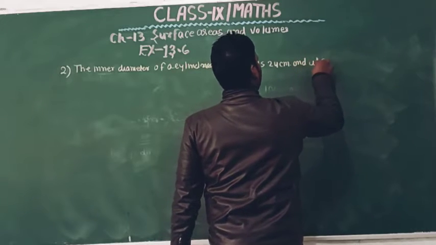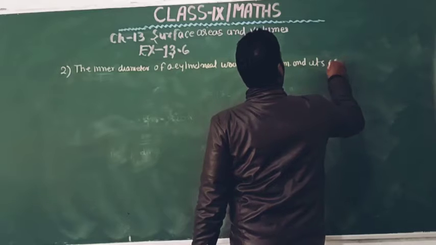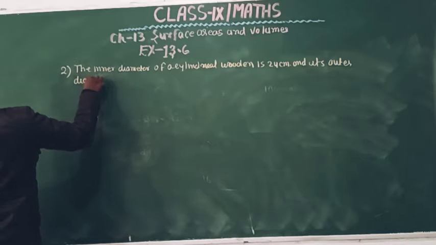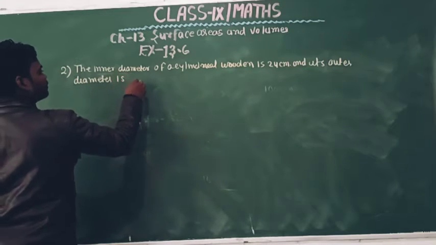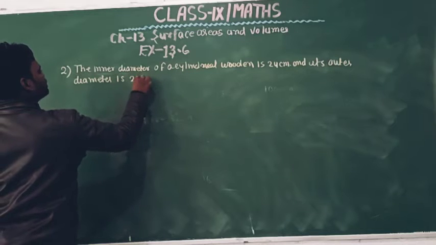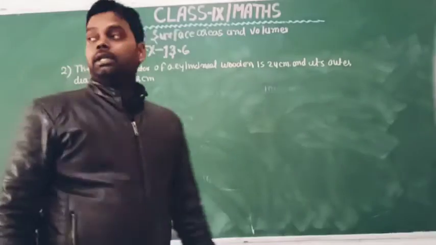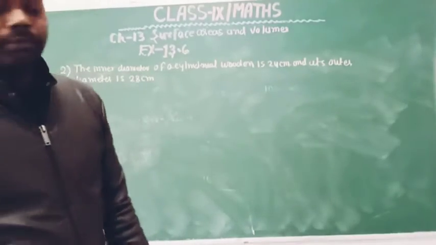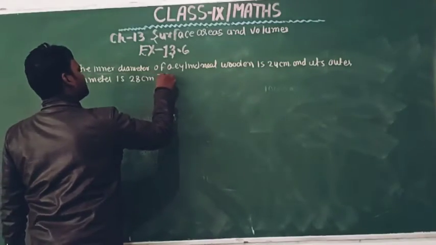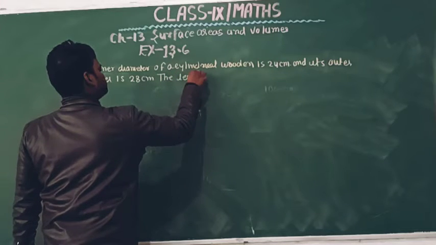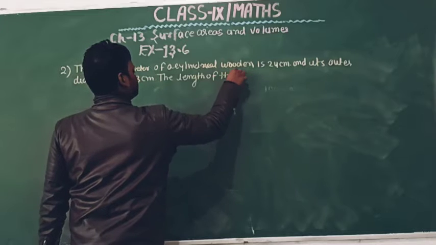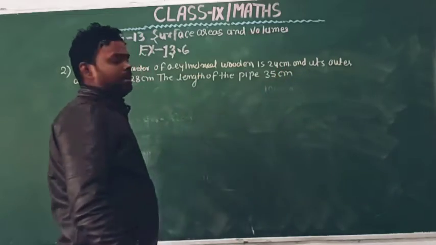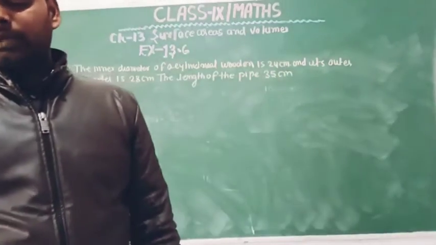Outer diameter is 28 centimeter. The length of the pipe is 35 centimeter.